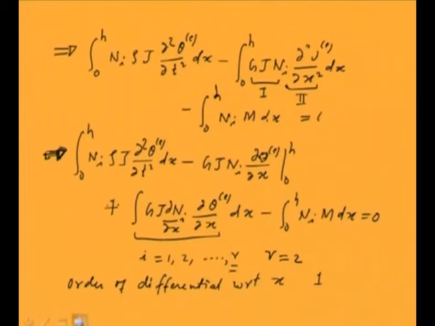So let us combine them. The combined form of the previous equation is this. We have combined two equations here, because this is a vector, N1 and N2 are there.